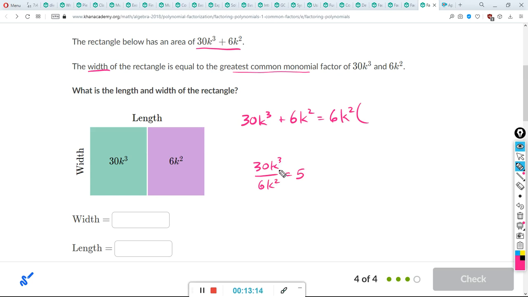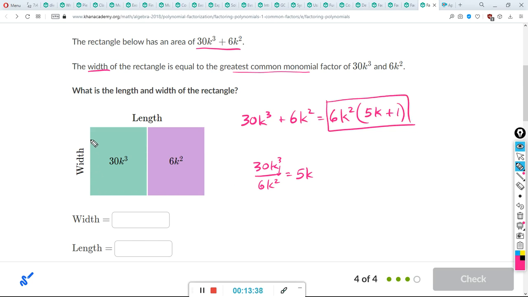K to the third divided by k squared is just k, right? Because 3 minus 2 is just 1. But you don't have to put a 1 there. So that's 5k. And 6k squared divided by 6k squared, of course, that's just 1. So that's it.